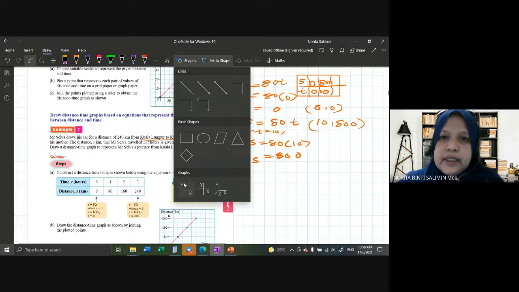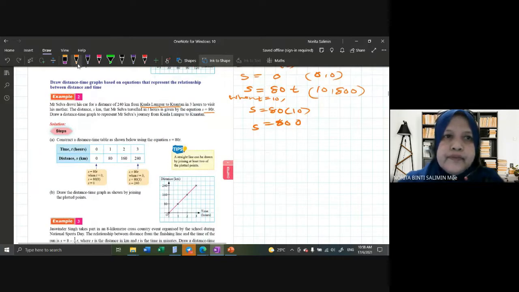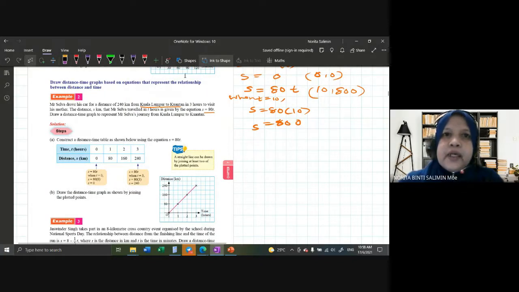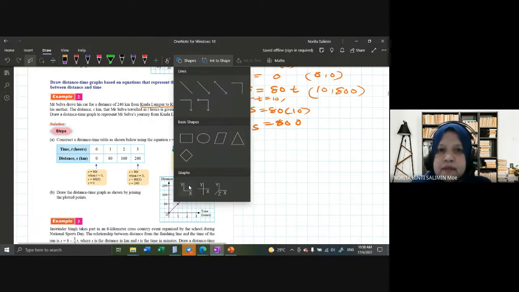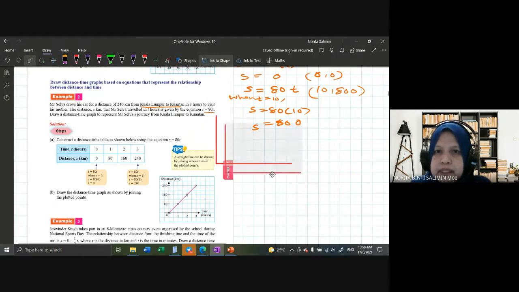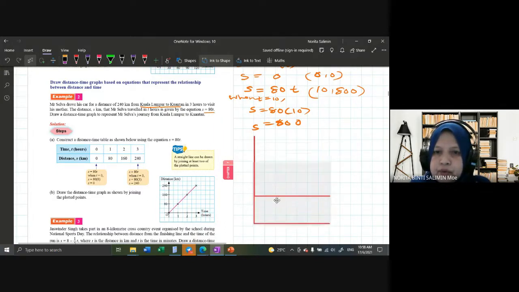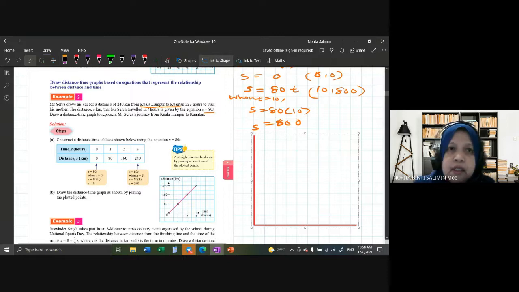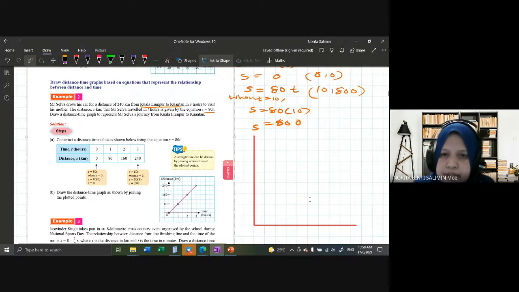Okay, look here. The graph should be the graph of S, distance, versus time. Because the value is very big, I have to draw a big graph. Make sure 800 is inside your graph.